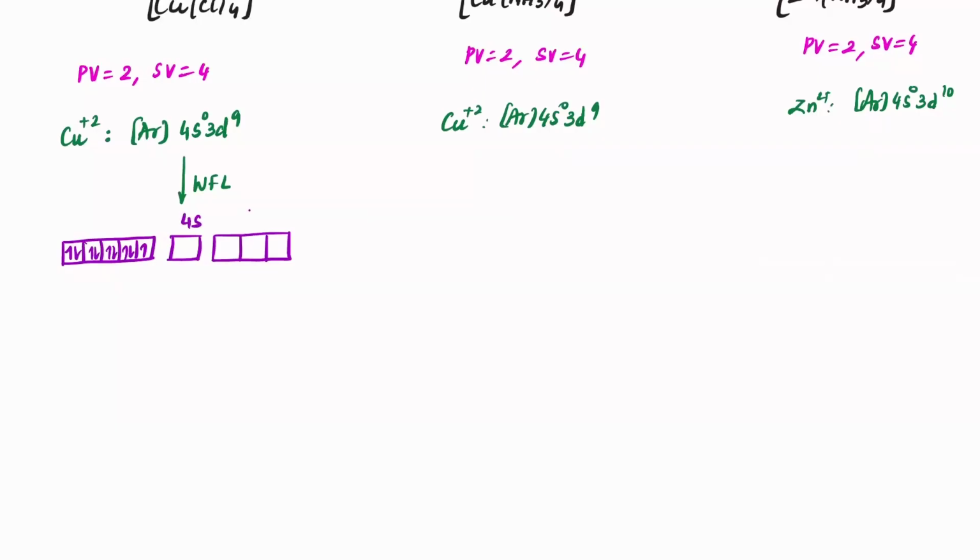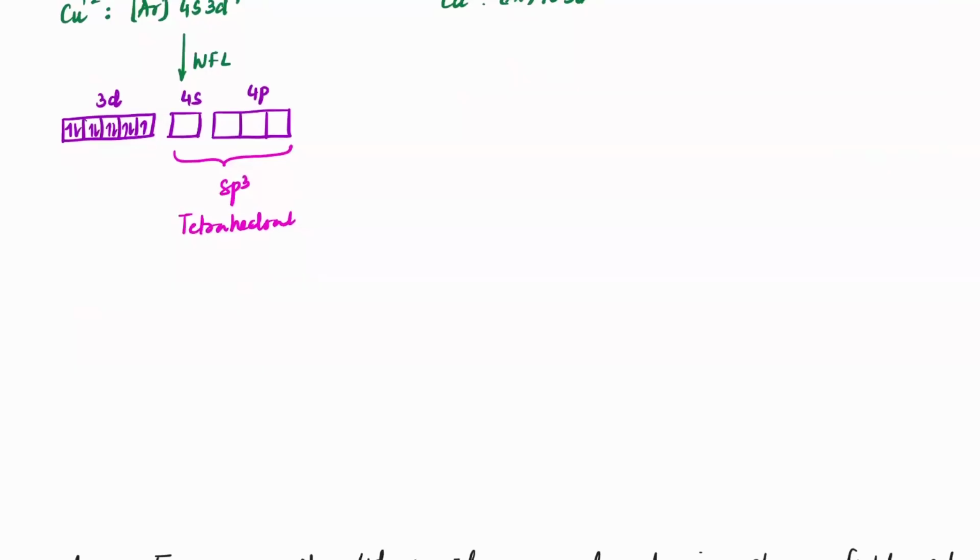So this is 4s and 4p and 3d. Of course we can't find any alternative, so we have to go for sp3 hybridization only here. That makes it a tetrahedral geometry.